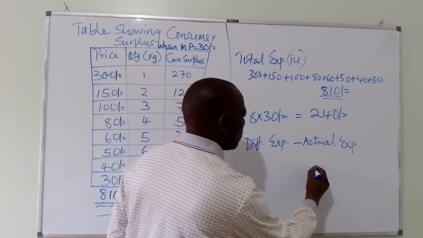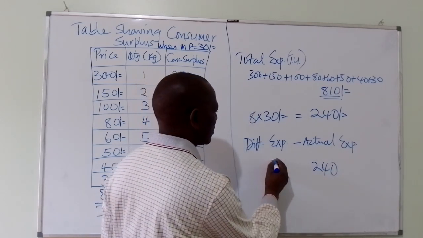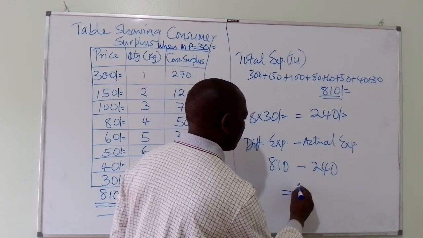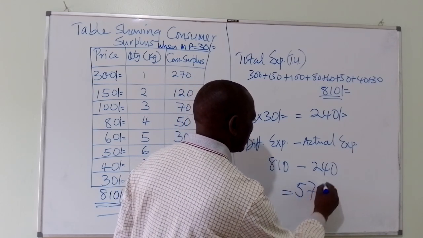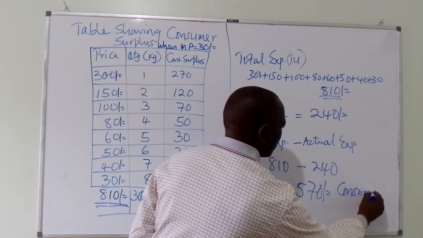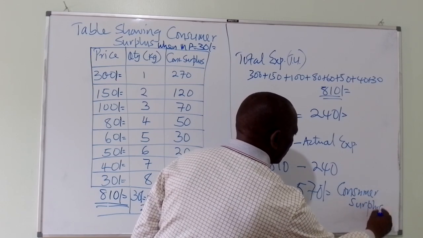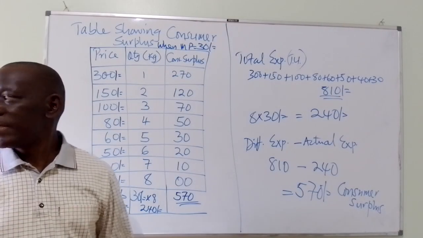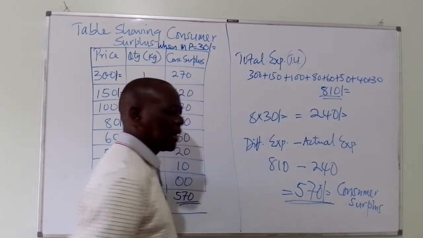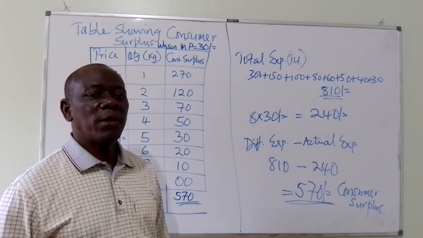The actual expenditure was 240. The expected was 810 minus 240. So you get 570 as consumer surplus. So he gets it as consumer surplus. This is what he is having as balance from his actual expenditure. So this is how you can calculate it.